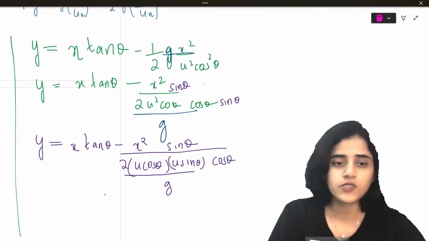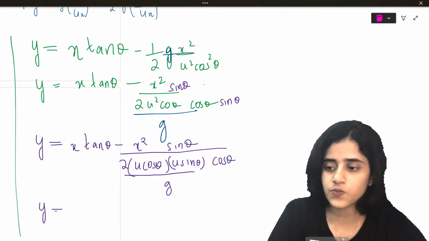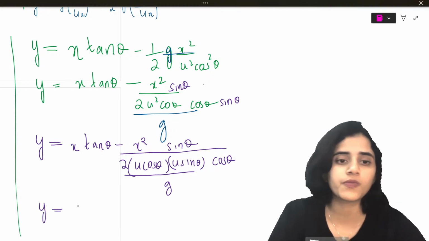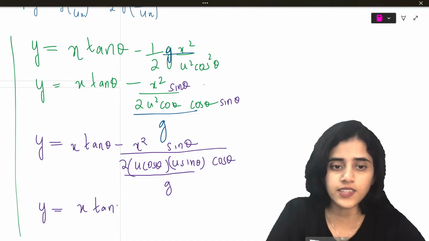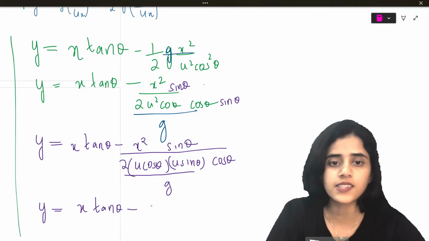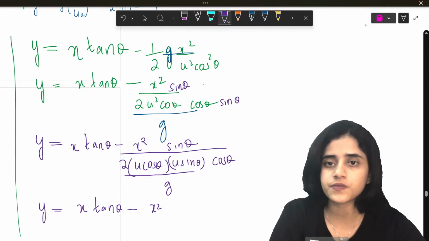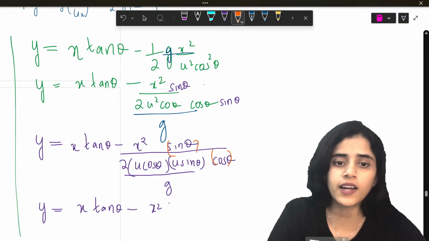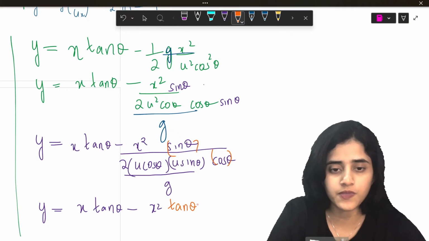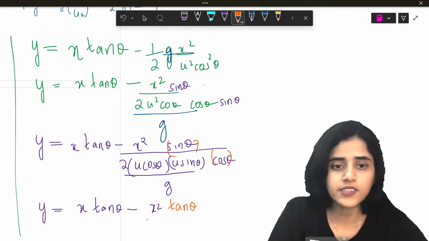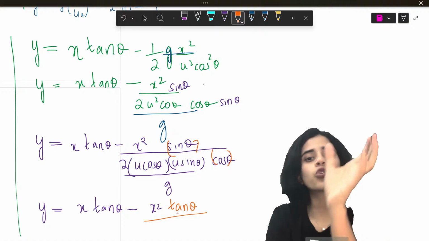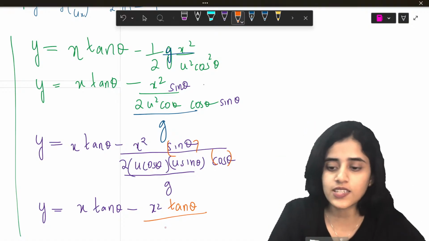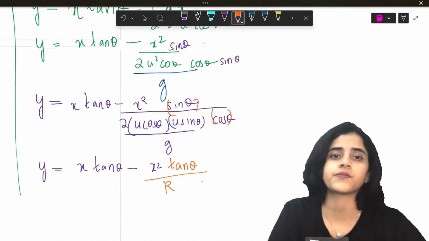So now this I can write as y is equal to x tan theta minus x square. Both of these together will become tan theta, divided by, what is 2u cos theta, u sin theta by g? It is r.